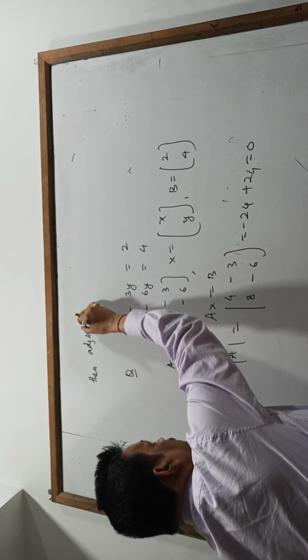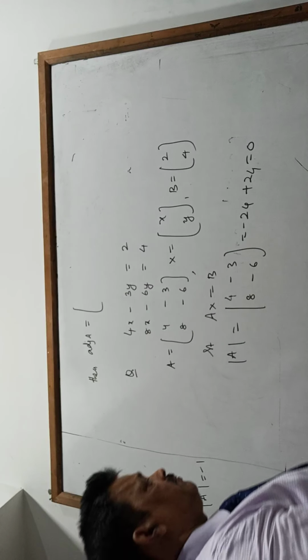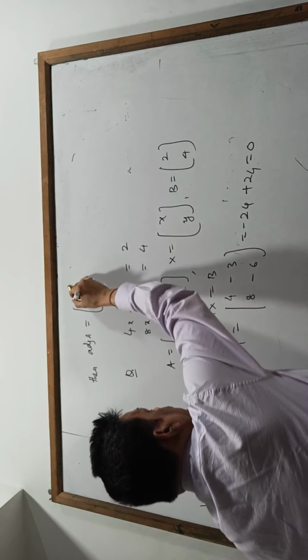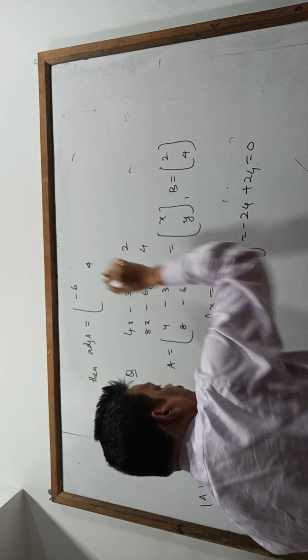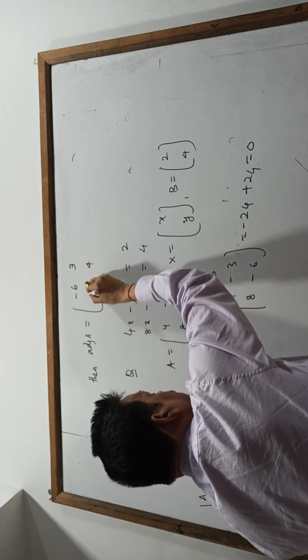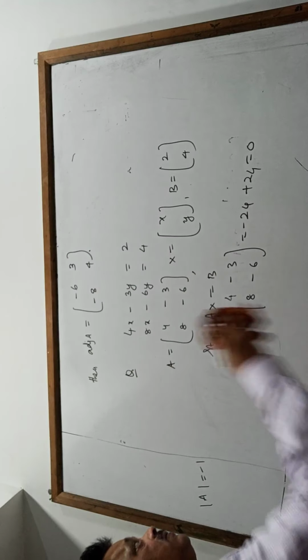Then adjoint of A equals, how to find? Now change the place: minus 6, 4. Change the sign: 3, minus 8. This is the adjoint of A. Okay.